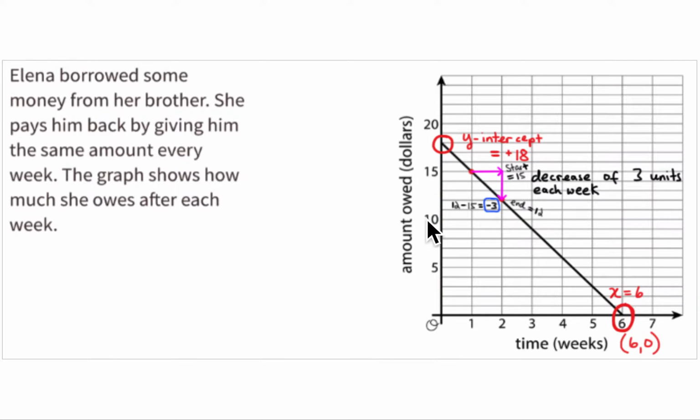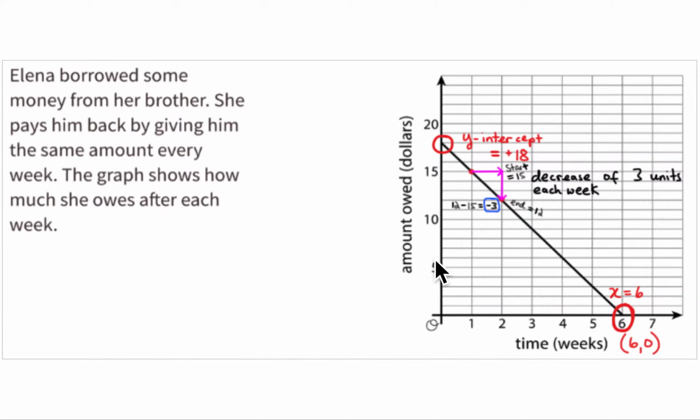And I'm a fan of writing down as much information as I can before I even look at the question. So what are all the things that I can see in this graph before I even look at the questions? Well, it has a y-intercept of a positive 18. So it crosses the y-axis at a positive 18. Not sure what that means just yet, although I could figure it out.